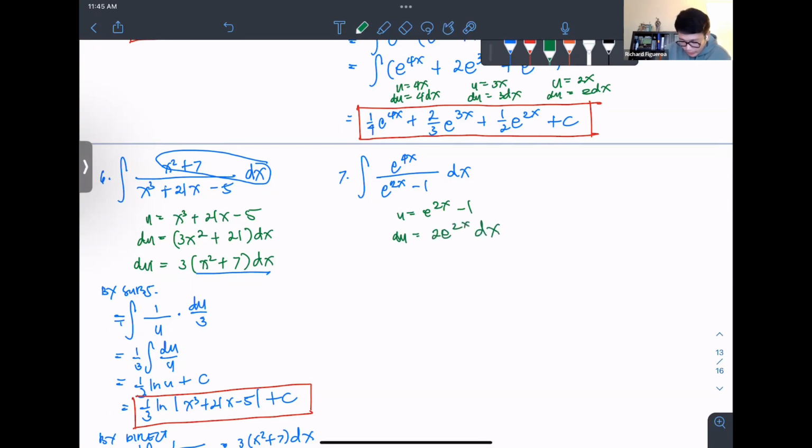The thing here is, this is e2x, this is e4x at the numerator. So we were not able to have an equal derivative with that of the numerator of the original integrand. So therefore, we cannot use the natural logarithm here.